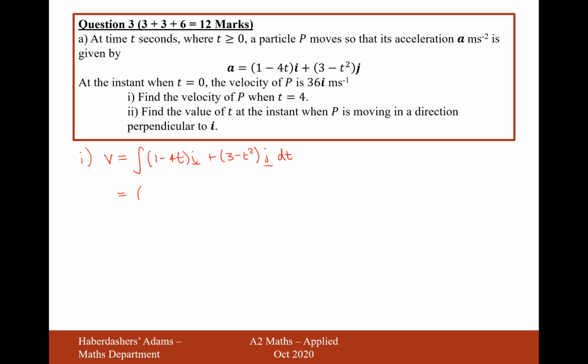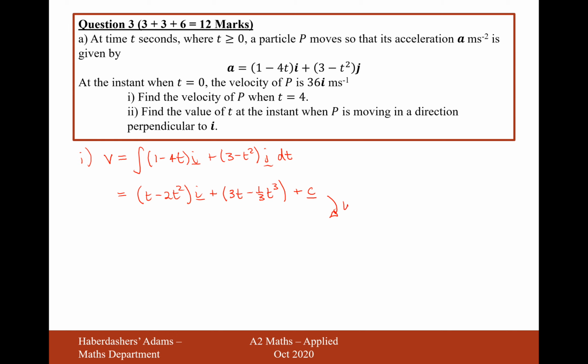It's going to become t minus 2t squared. We'll do the plus c right at the end. Plus 3t minus a third t cubed. And then it's going to be plus c, where c is going to be a vector.